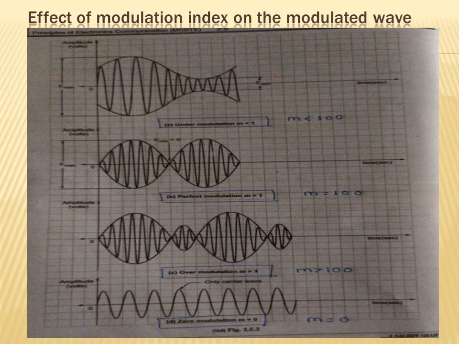In this case no distortion takes place, and the envelope has exactly the same shape as the modulating signal, hence it is called linear modulation or under modulation.